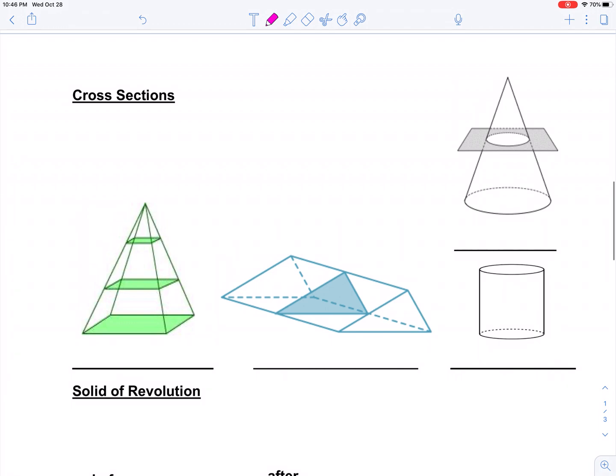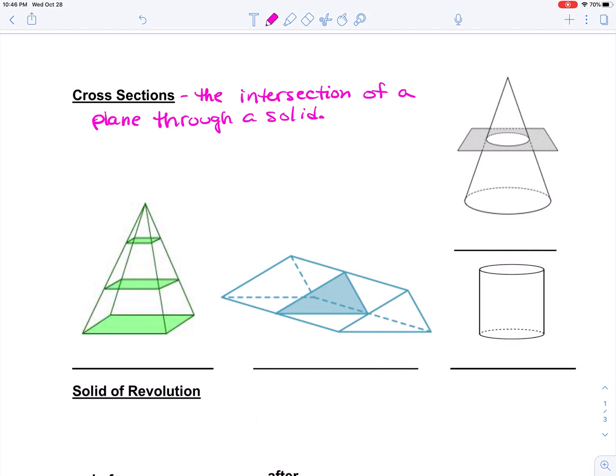Now we have what's called a cross-section. The cross-section is, as you might have noticed with the pictures, the intersection of a plane through a solid. So it's like putting a piece of paper, slicing the paper through your figure.